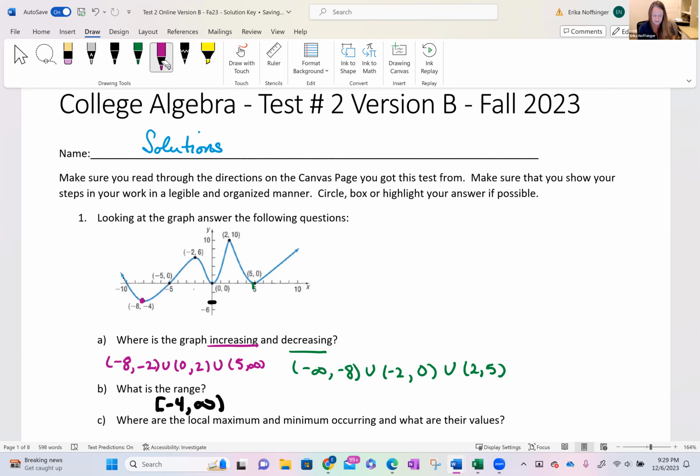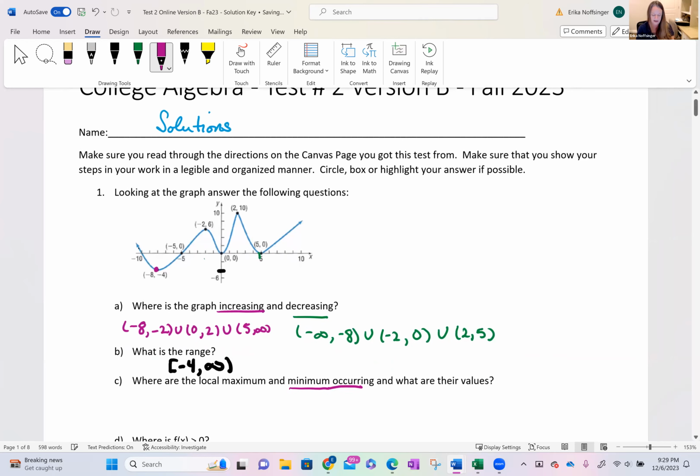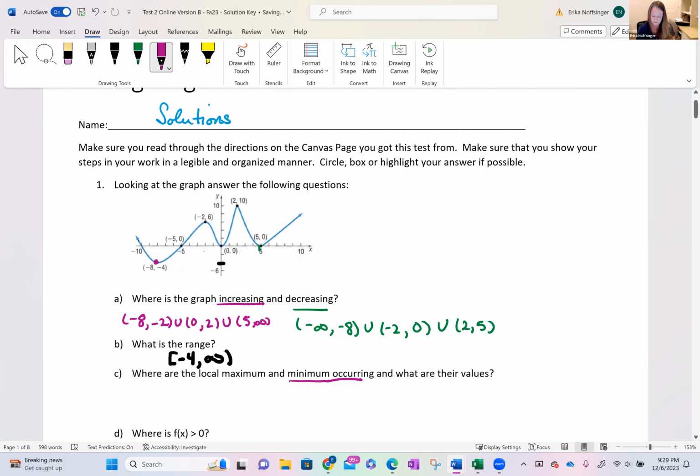So that there is a minimum value. It's decreasing and then goes to increasing. And so where are the local maximum and minimum and what are their values? So the minimum value is -4 and it's occurring when x is -8. So again, at the point -8, -4.